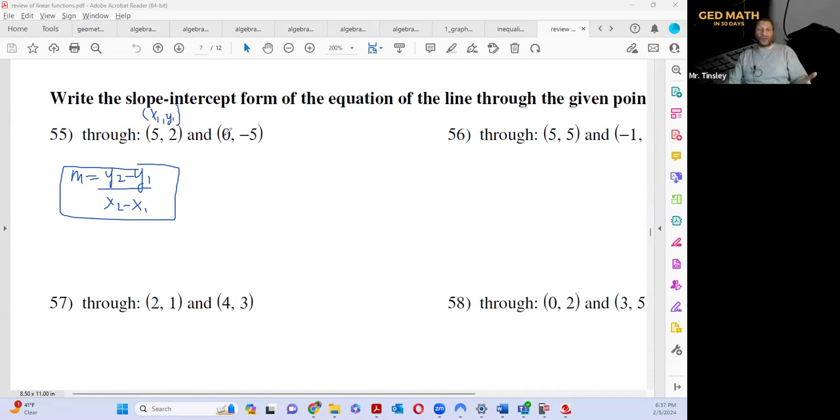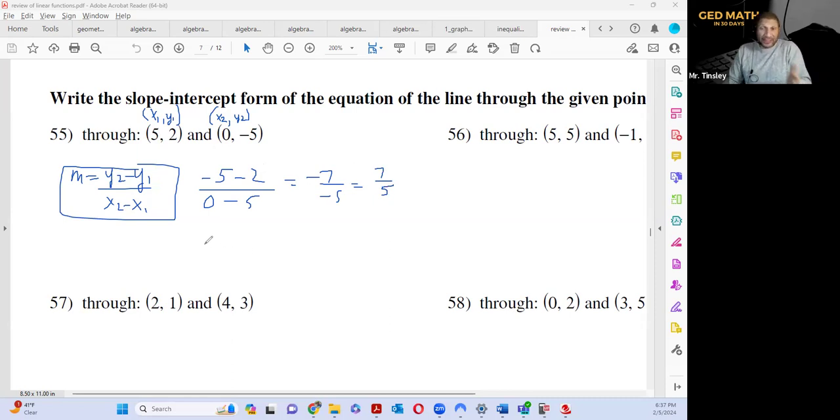Since this is the first point, it's x1 and y1. This is my second point, x2 and y2. Minus 5, which is y2, minus y1, which is 2, over x2, which is 0, minus x1, which is 5. So I get minus 7 over minus 5. 2 negatives make a positive. That's 7/5.